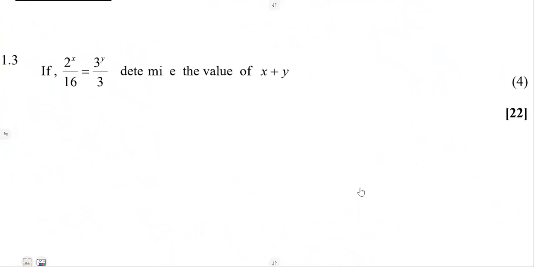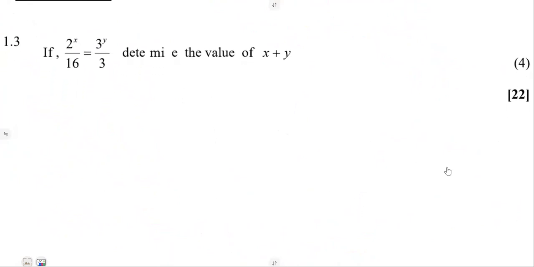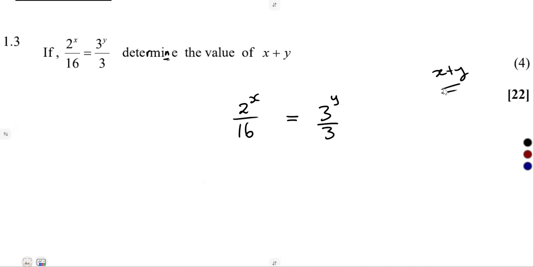All right, 1.3. Given this, determine the value of x plus y. All right, let's see. 2 to the exponent of x over 16 is equal to 3 to the exponent of y over 3. But they said we must determine the value of x plus y.